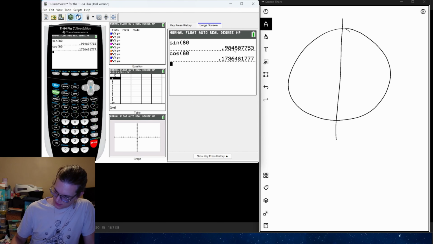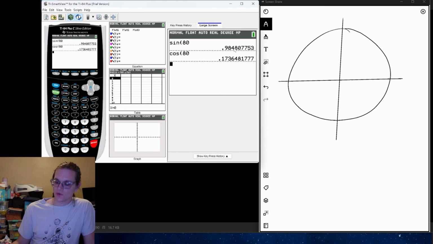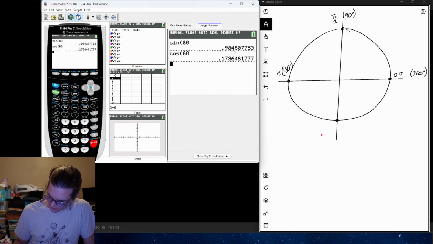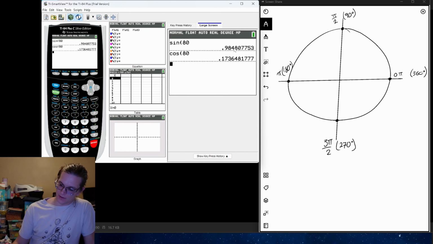And then these are just known quantities that at a point are just going to pop out of your head. I've written before, 0 pi at 360, pi over 2 at 90 degrees, pi at 180 degrees, and 3 pi over 2 at 270 degrees. The coordinates here are pretty logical. They are on a unit circle. Remember, the radius is 1, right?